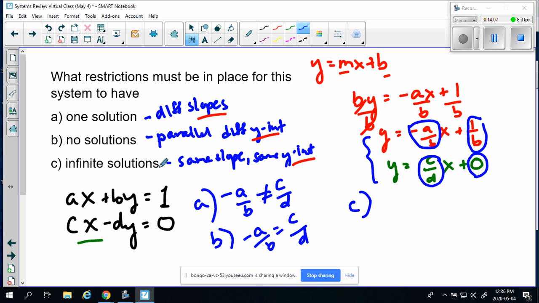That gets really interesting for part C, because if you want to have infinite solutions, you have to have the same slope and the same y-intercept. We can set the same slope, but if it's not possible for these y-intercepts to be the same, then this is actually impossible, right? Now, in some of the examples you see, you may see, for example, that this isn't 0.